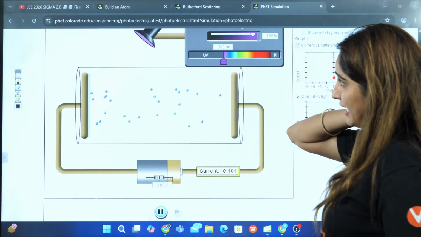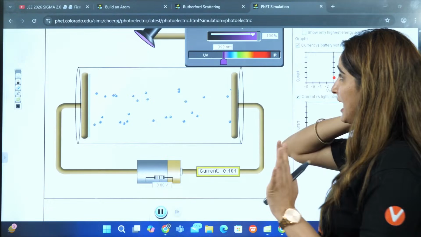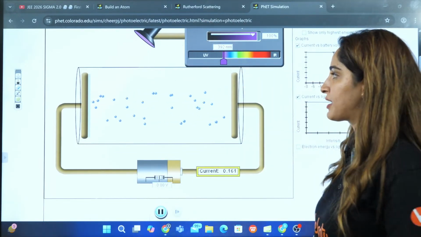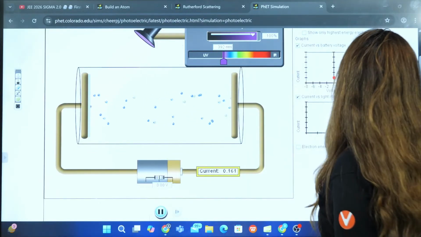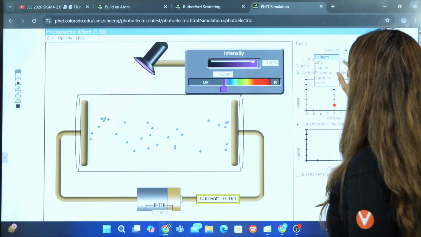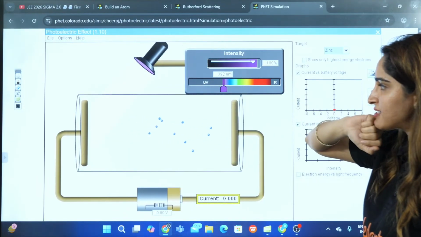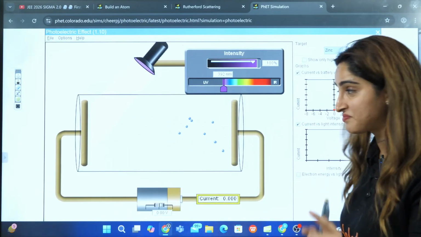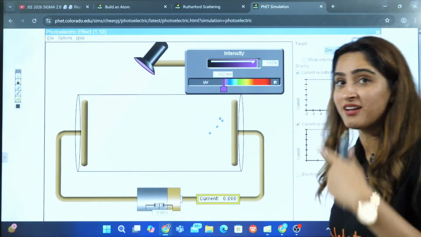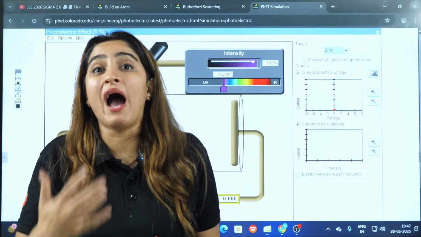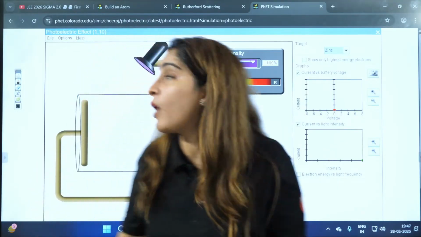Firstly, let's keep the energy of the incident light fixed. That means this energy is fixed, right? Now, if I change one thing here, let's say I change the metal to zinc. Can you see it has changed? That means zinc electrons require more energy than you are giving here.